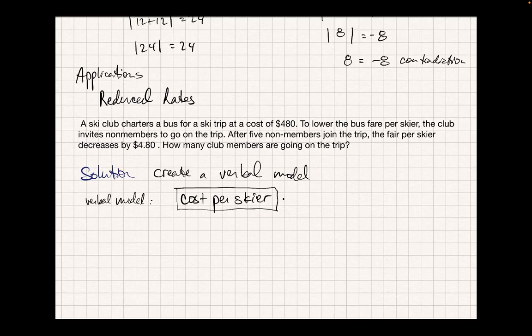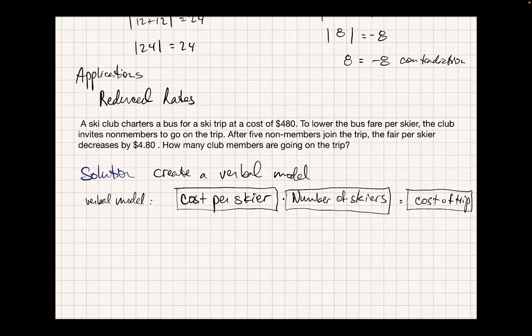Times the number of skiers. You're trying to see how many club members are going on the trip. Don't we need the total cost? We have that. Minus 4.8 also equals 480. Wait, no, I got it. No, I don't. Okay.